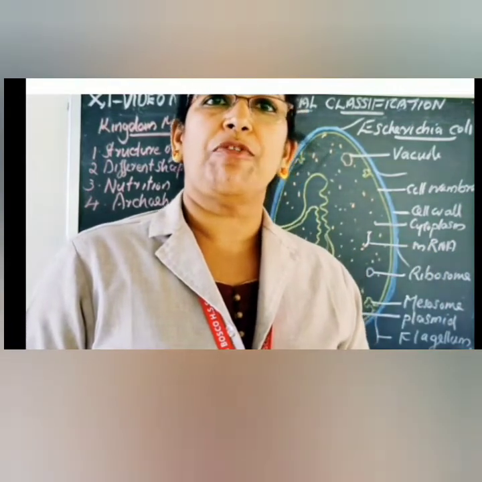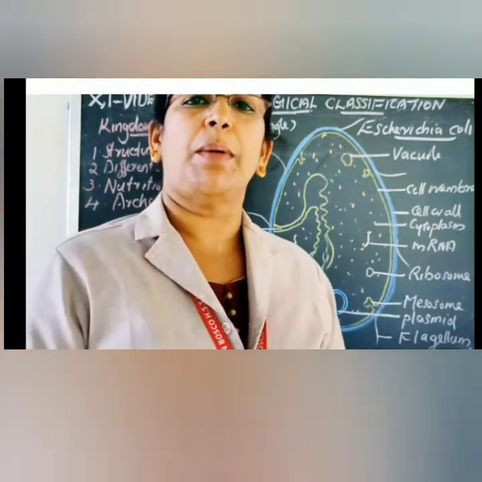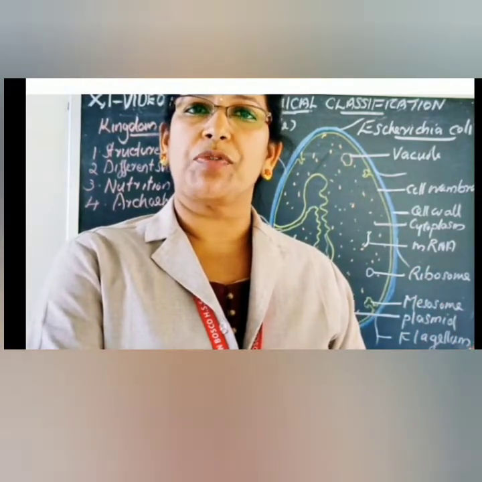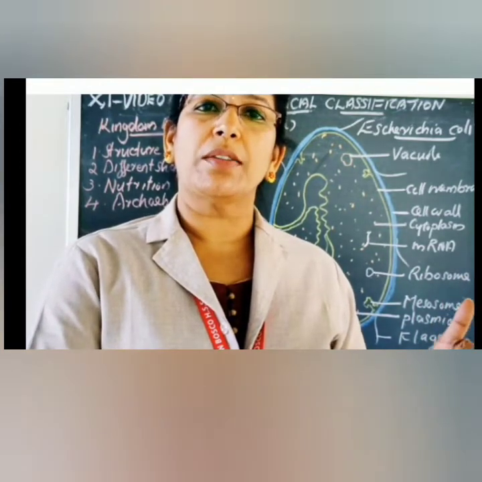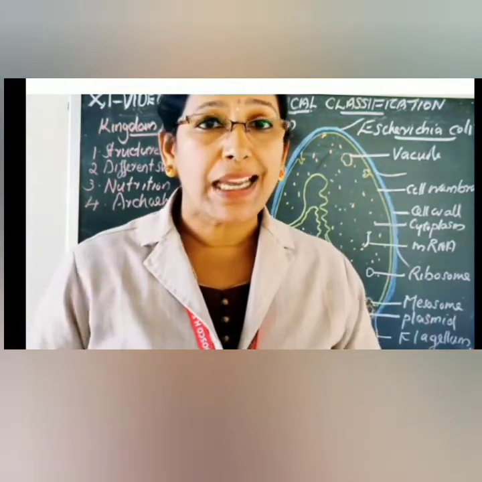This structure of bacteria is needed. Again, in chapter number 5, we will study in detail about a prokaryotic cell, which are the different parts of a prokaryotic cell. At that time also we are discussing the bacteria in detail.